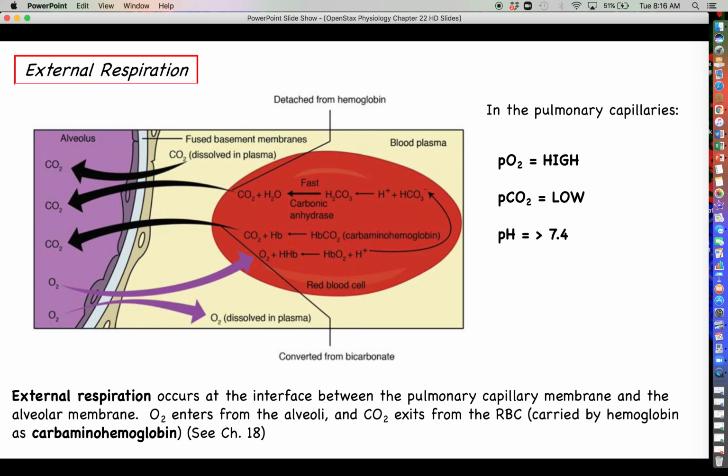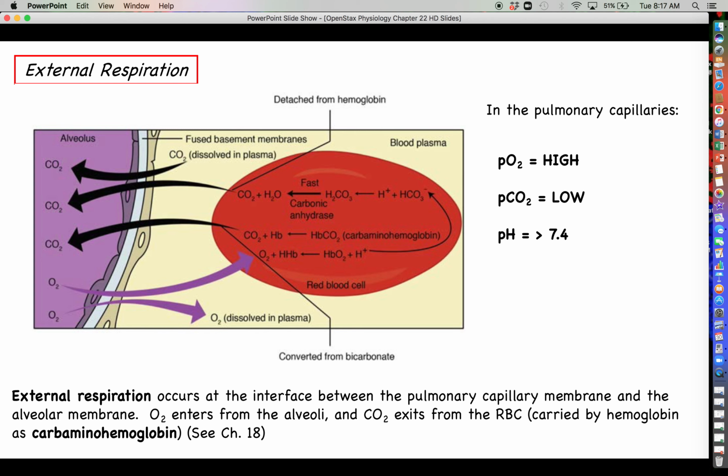The PCO2 value is relatively low because the air that we are breathing in is relatively low in carbon dioxide concentration. And the pH of this blood is actually going to be a little bit higher than 7.4 because the blood at this point is replete with carbon dioxide. So having too little carbon dioxide means the pH of the blood is going to be a little bit basic.